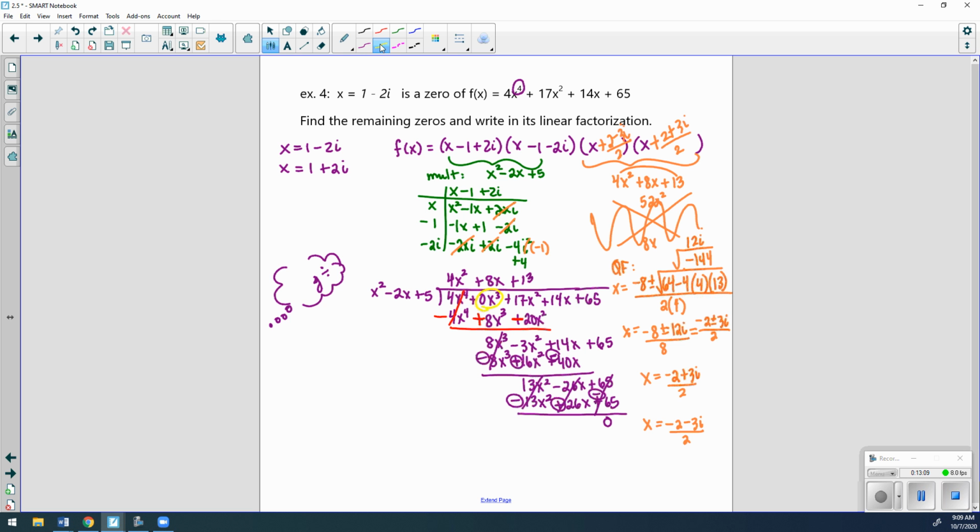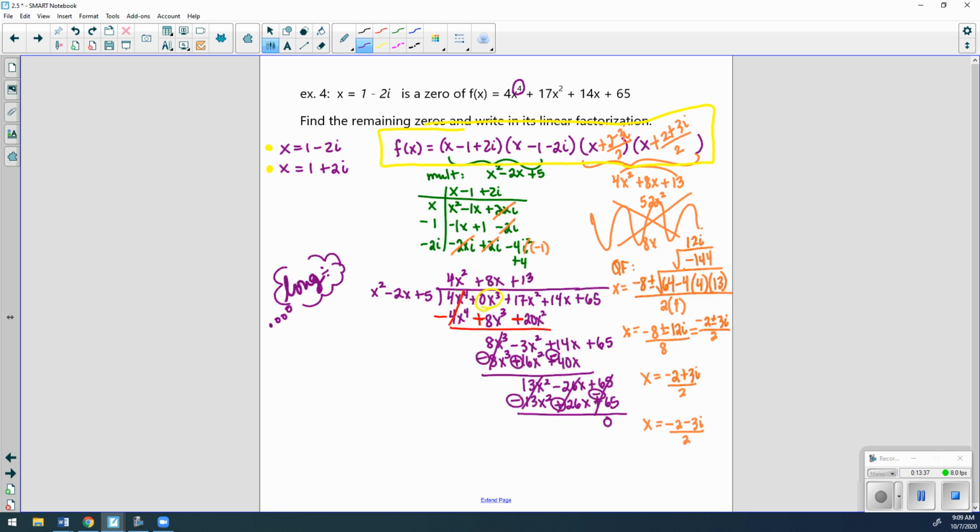All right, so that's going to be our final answer. We've got a lot going on here. We started by remembering the complex conjugate theorem. If you are given one complex zero, the other one will also be a part of the equation. 1 minus 2i and 1 plus 2i don't go anywhere without each other. Then I did some long division.